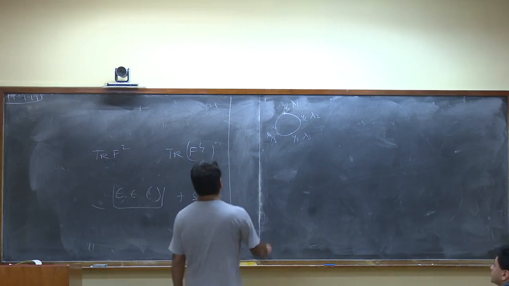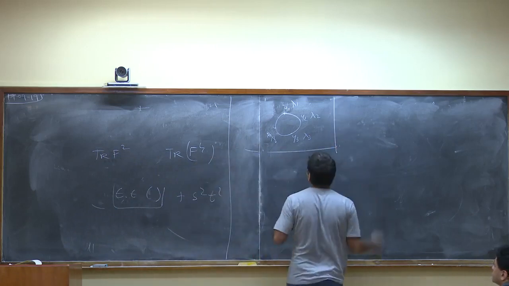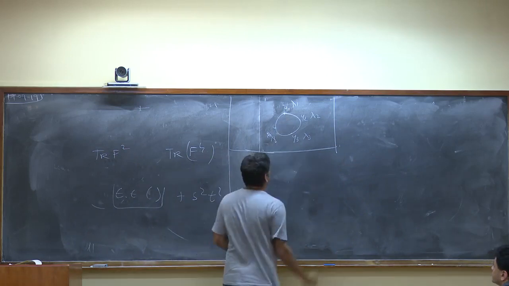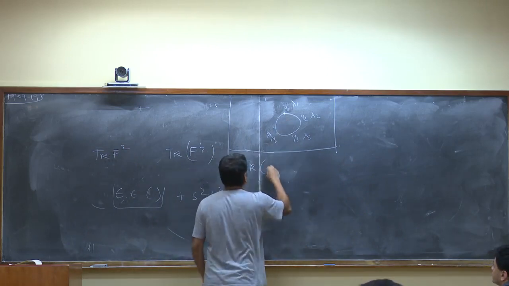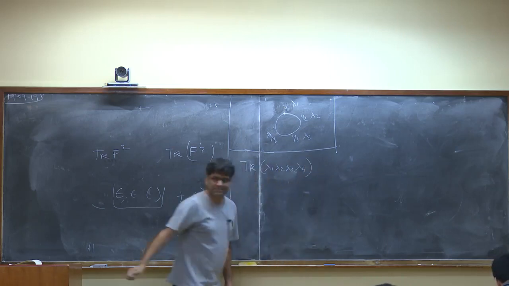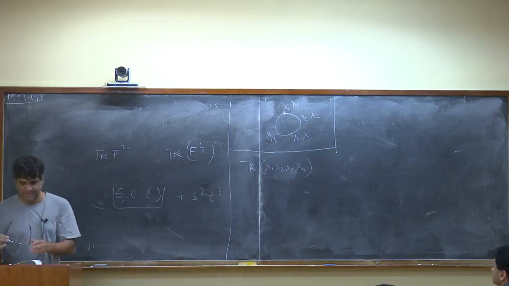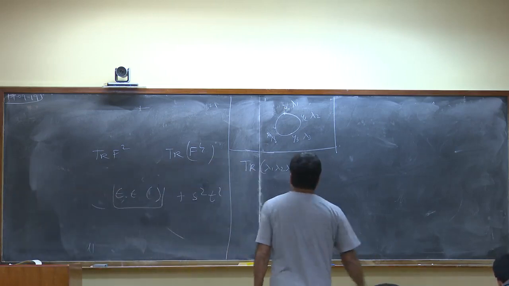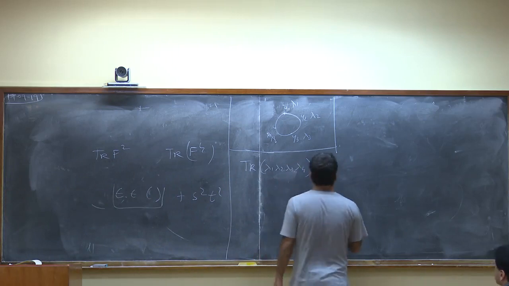diagrams as you guys have pointed out, and let's start with one. So let's start with the one where we get trace lambda 1, lambda 2, lambda 3, lambda 4. Let's start with this guy and let's compute what we get.